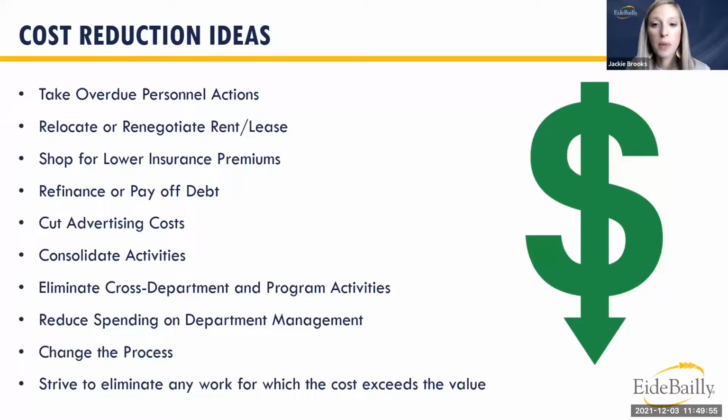Or where do you use people to process information repetitively that could actually be done electronically with little to no humans? And overall, just strive to eliminate any work where the cost exceeds the value. Understand where the value in your organization lies. If you look deeper, it may not be in those traditional budget line items that we typically put our focus on.